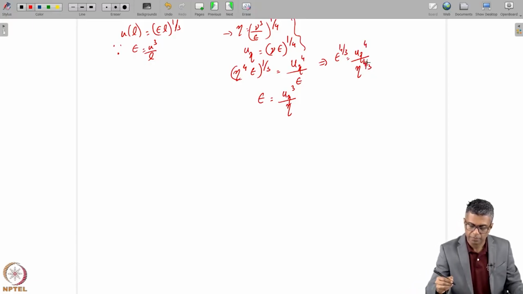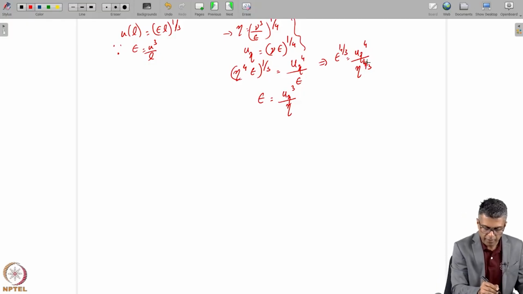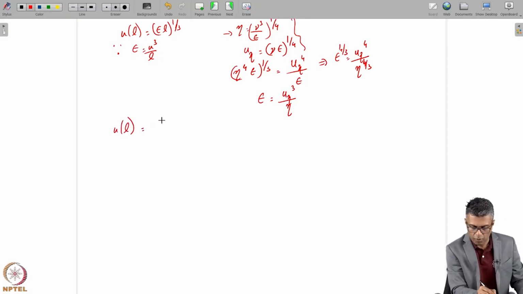So from here, epsilon is U_eta cubed divided by eta. So that means U of L is equal to U_eta.